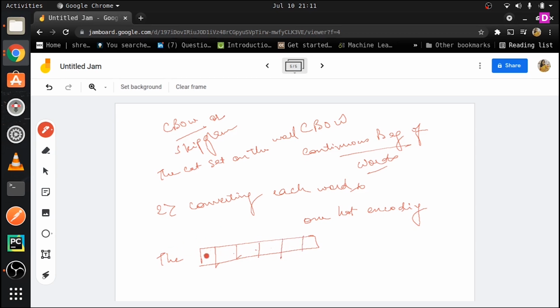Right, so in this case this will be 1 in the one hot encoding, the rest will become 0. Then you have cat, in this case what will happen? This will become 0, this will become 1, the rest all becomes 0, right? So in this case you will have all the one hot encodings. So that is the second step.